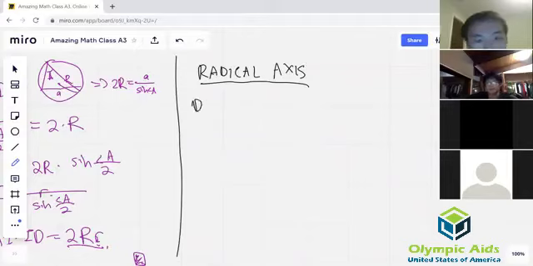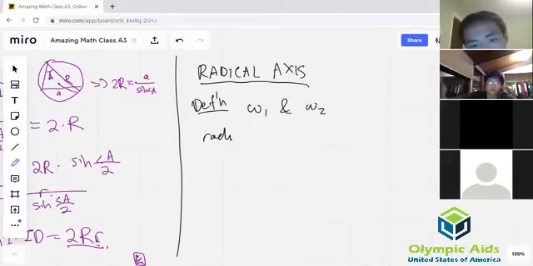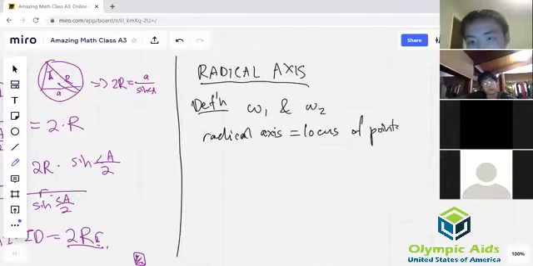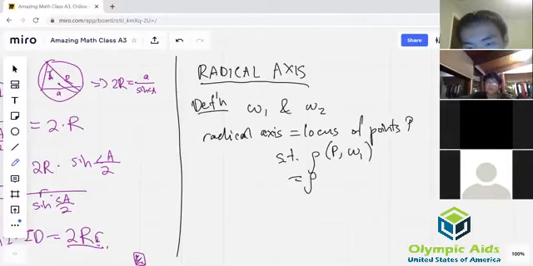The way we define it is that given two circles, omega 1 and omega 2, we call the radical axis the locus of points, so the set of all points P, such that the power of the point P with respect to omega 1 is equal to the power of the point P with respect to omega 2.